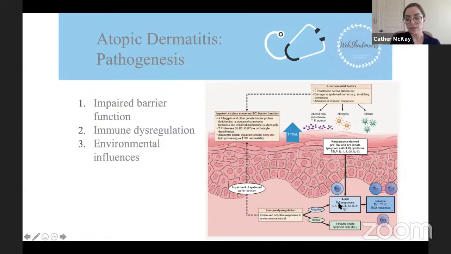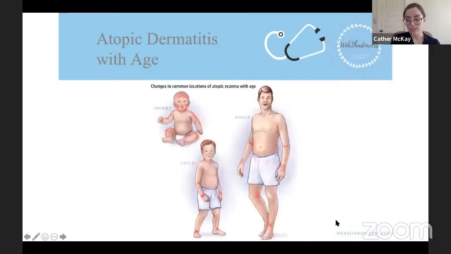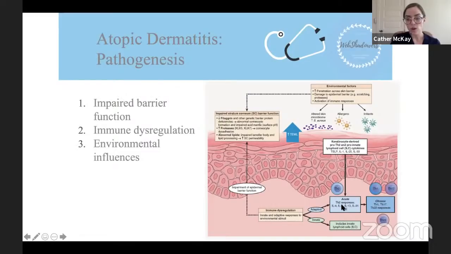The current understanding of atopic dermatitis is that it's more of a Th2 response, so you have an increase of IL-4, IL-5, IL-13, and IL-31. That leads to a lot of the types of inflammation. We can target the receptor for IL-4 and 13, and we're developing drugs for IL-31.